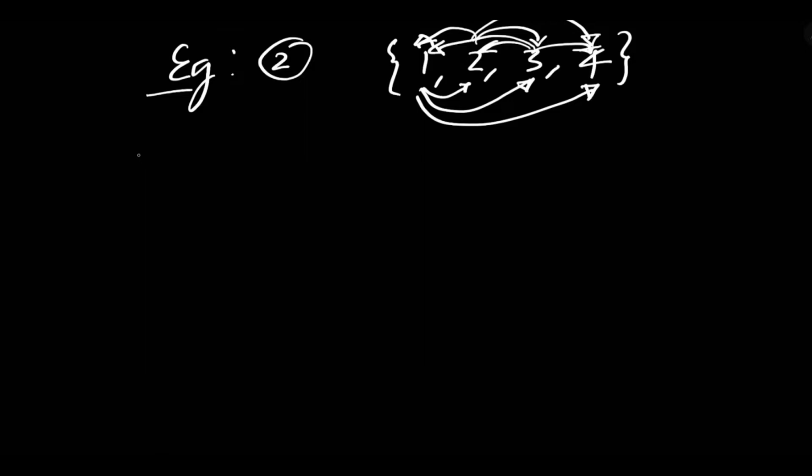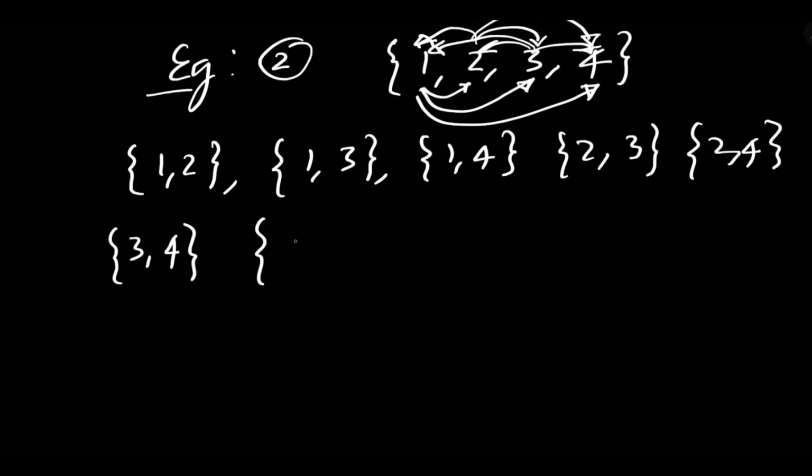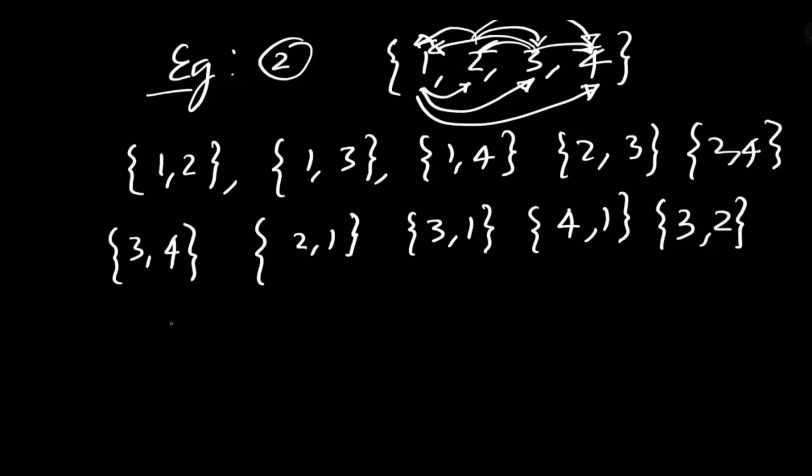Let's put it across and see. 1, 2, 1, 3, 1, 4, then 2, 3, 2, 4, then 3, 4, then you have 2, 1, 3, 1, 4, 1, 3, 2, 4, 2, and then 4, 3.